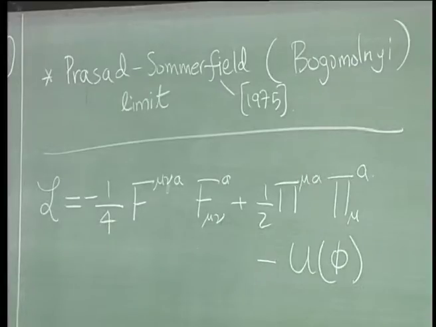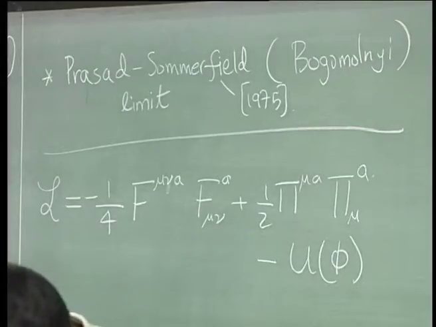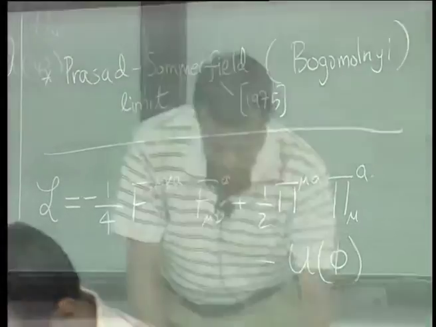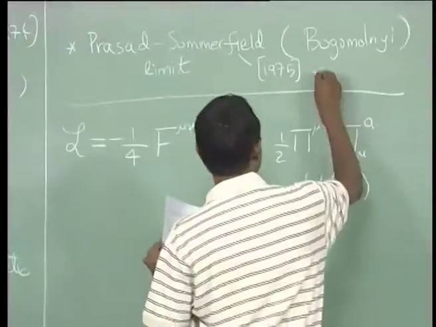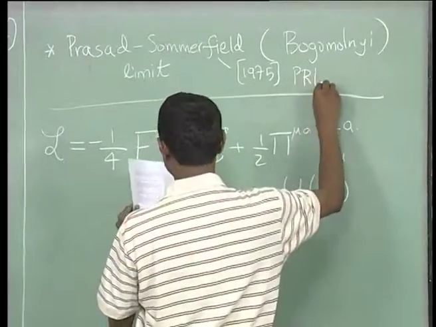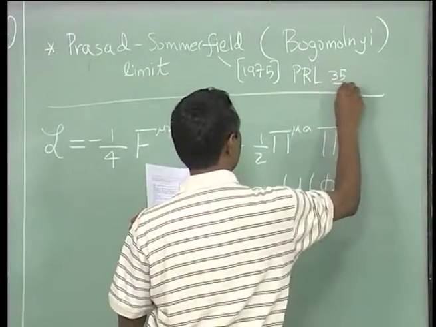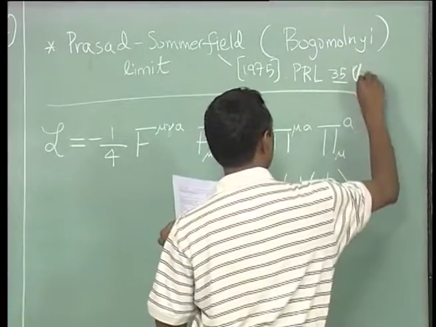Okay. So, the notation I am using is more or less what was in Prasad-Sommerfield's paper. Maybe I should give the reference since I have it here. It is PRL, Physical Review Letters, volume 35, number 12.